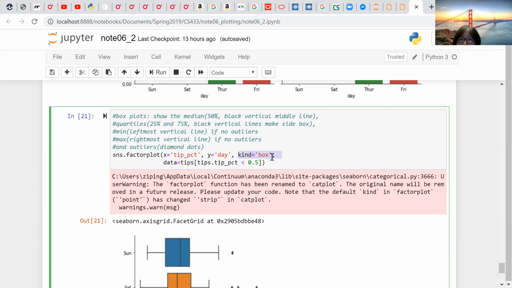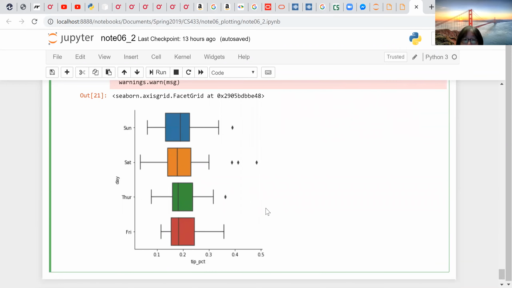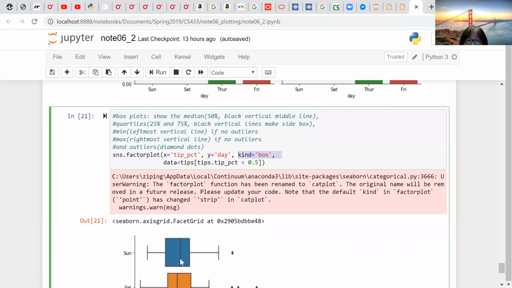And then the next one, the kind is not a bar. This time it's specified as box. What does this box mean? If we look at the output result, it's not a bar, it's a box. The middle vertical line represents the 50%, so it basically represents the median value.